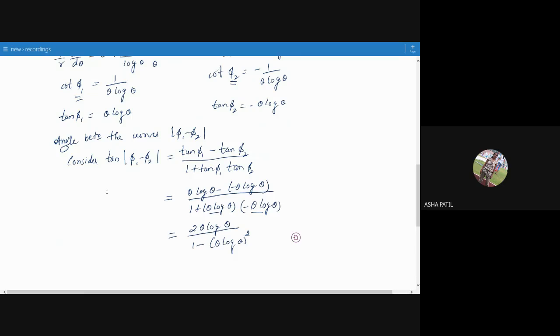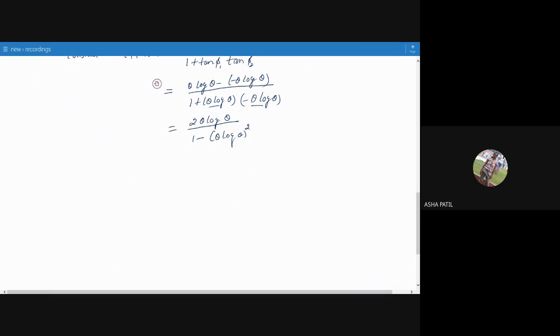So for that, we'll consider the two given curves and try to find the value of theta by eliminating r. So the given curves are, one is r is equal to a log theta, let us call it 1, and r is equal to a divided by log theta, let us call it 2.